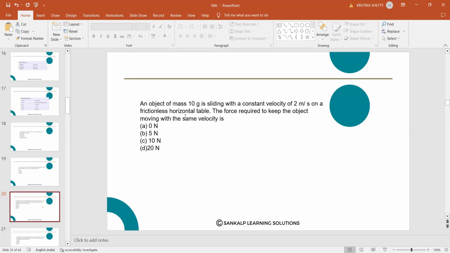It is moving on a frictionless horizontal table at 2 meters per second. To maintain the same velocity, how much force is needed, they are asking. So you need to calculate the force. You just think how to apply whatever formulas you have. Which formula you can use, just check out.